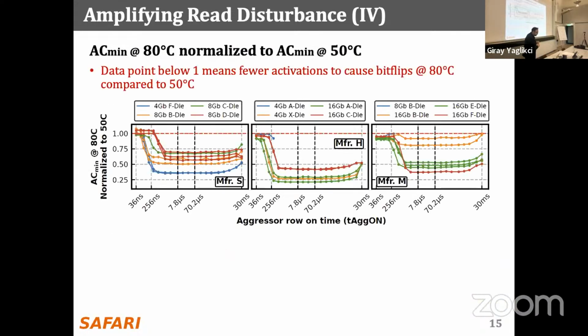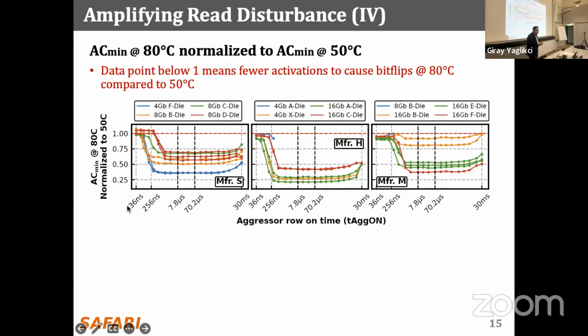Okay, so here we look at the effect of temperature. Any data point below 1 means fewer activations to cause bit flips. On the y-axis again we have the ACmin, but now it's normalized. We run our test at 80 degrees Celsius, and then we normalize the value to the value at 50 degrees Celsius.